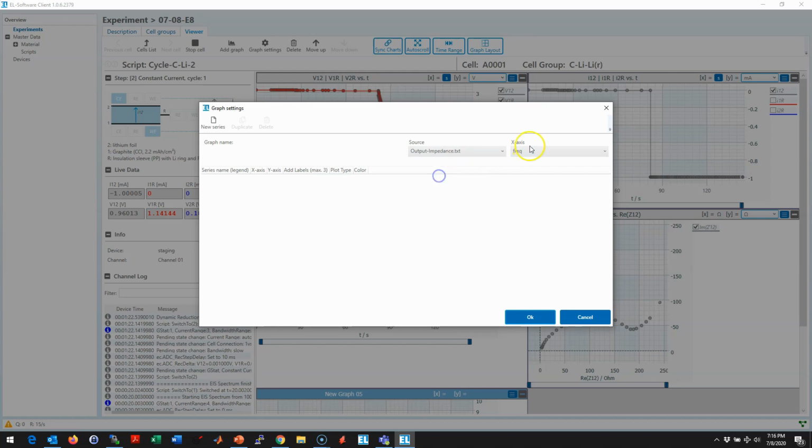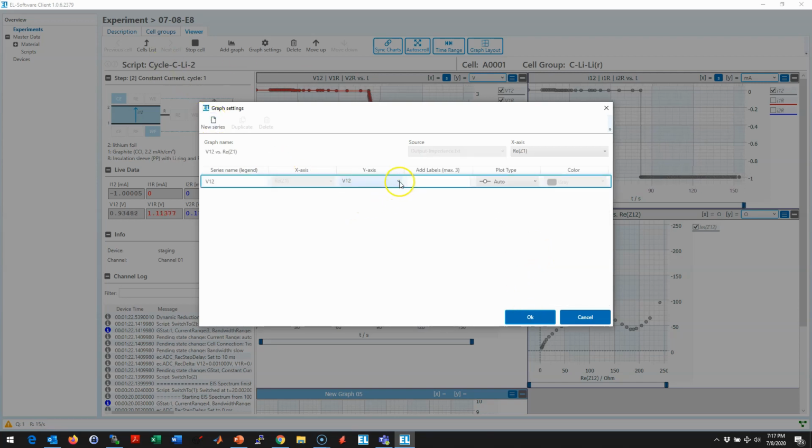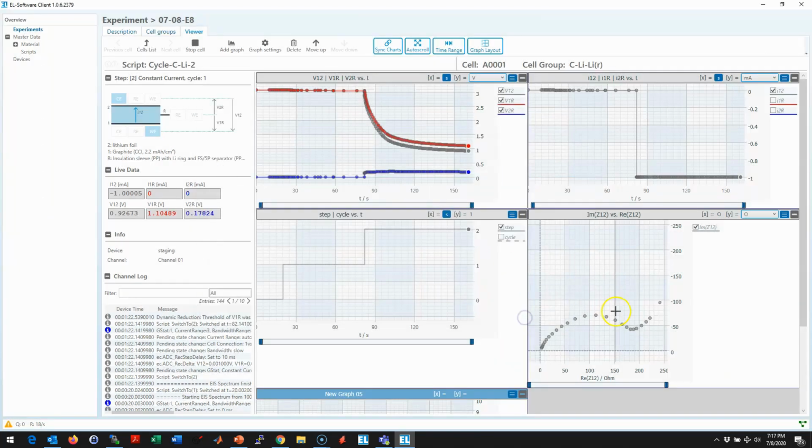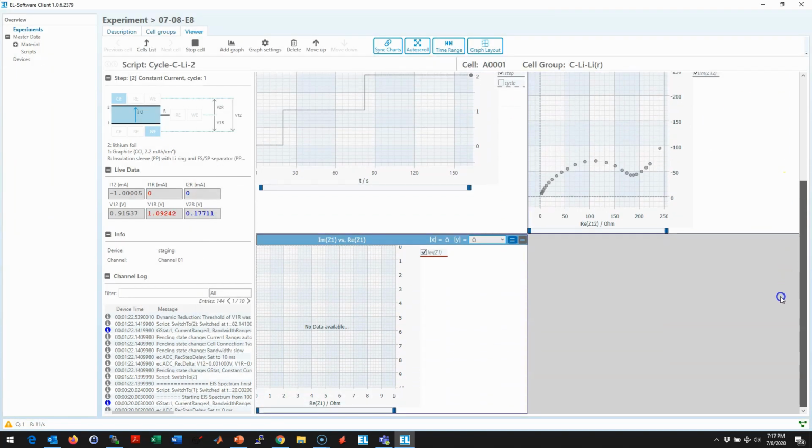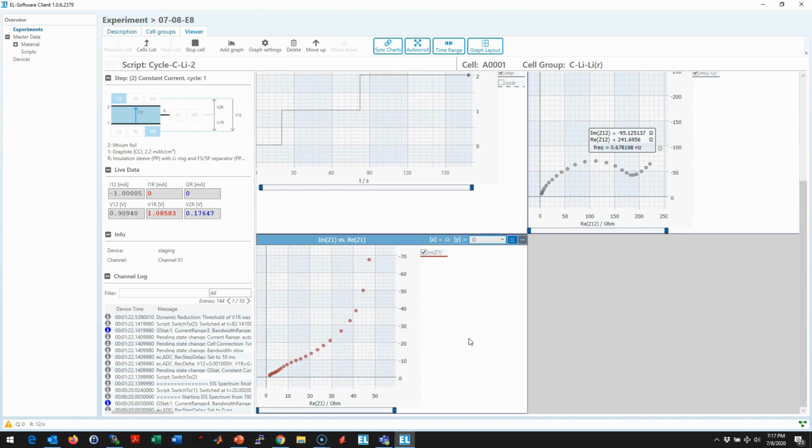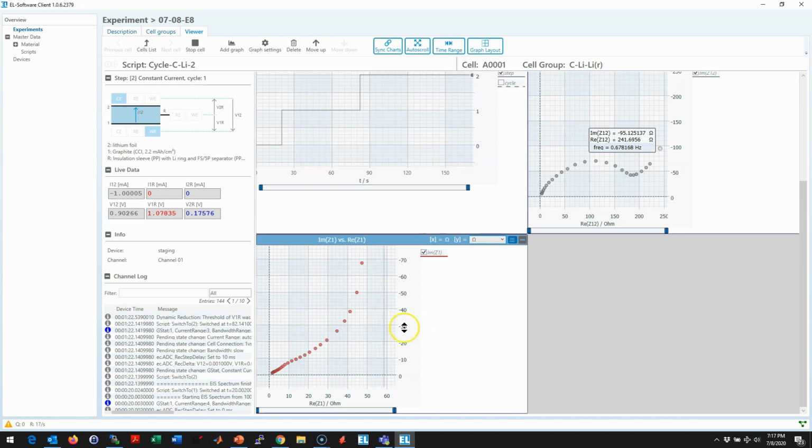So from output impedance we plot on X the real part of Z1, and on the Y-axis the imaginary part of Z1, and add the frequency as a label here. So this is the spectra of the graphite electrode before the lithiation has started.